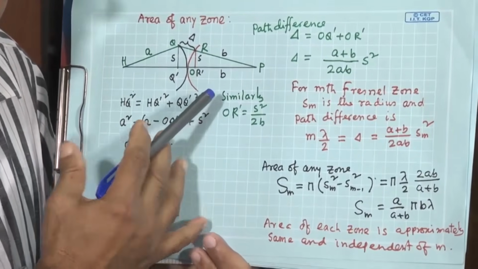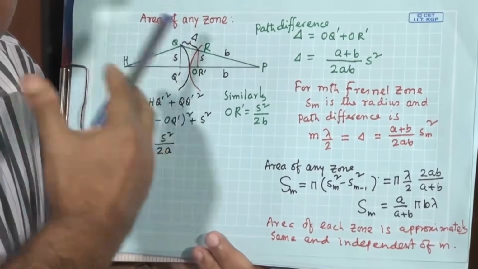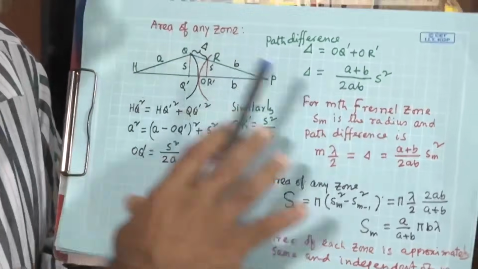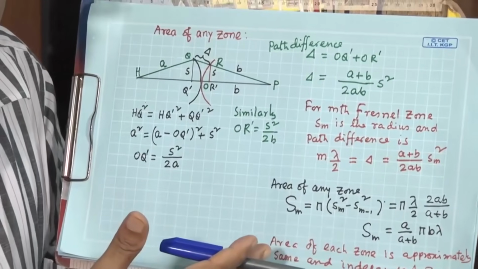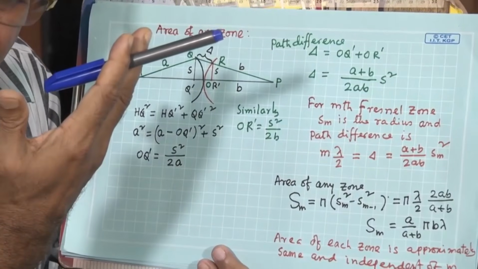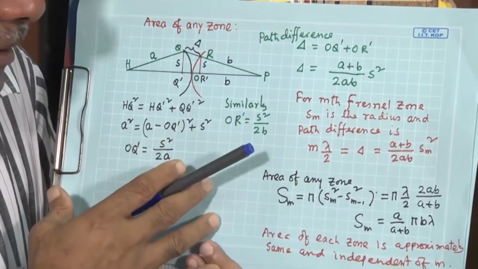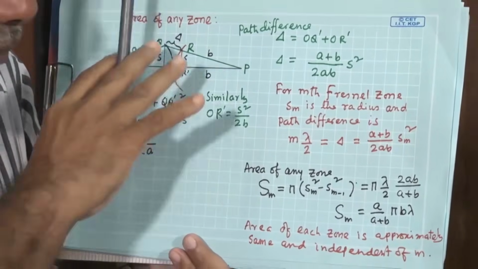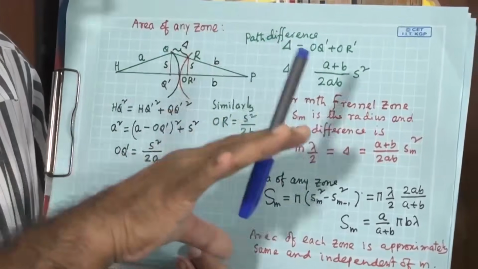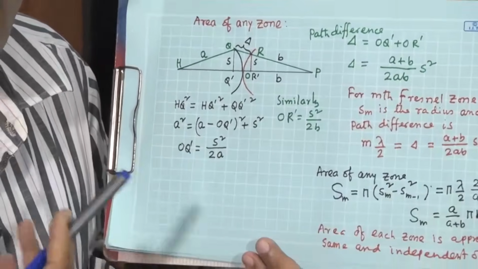The whole region is not transparent; zone-wise alternate ones are transparent and the other alternate ones are blocked. Then light will come through this zone plate to the screen.